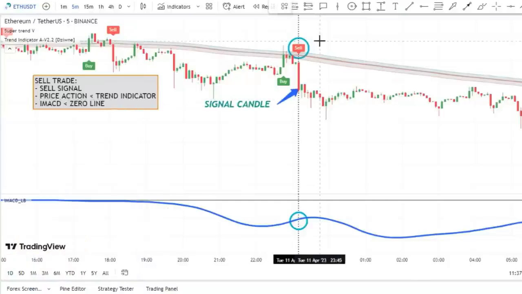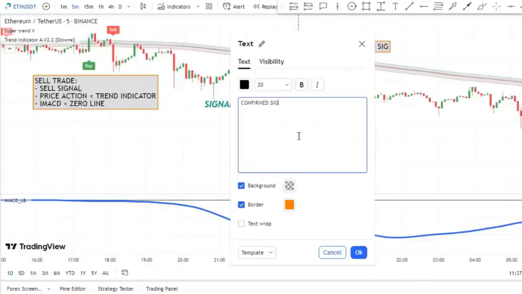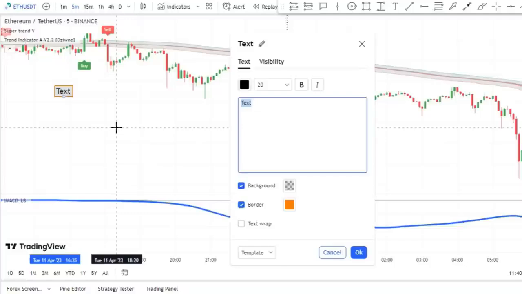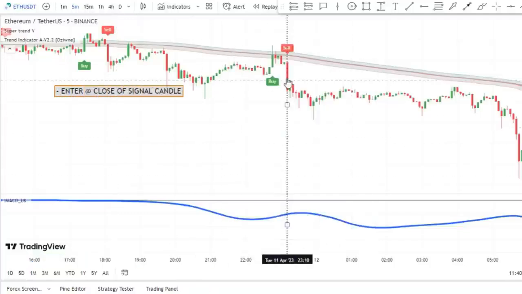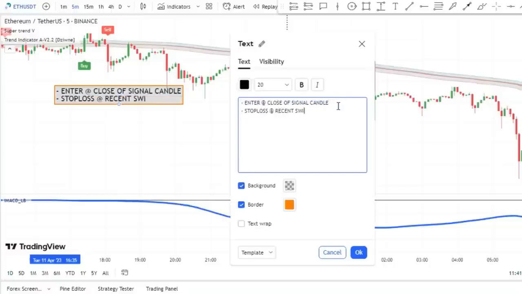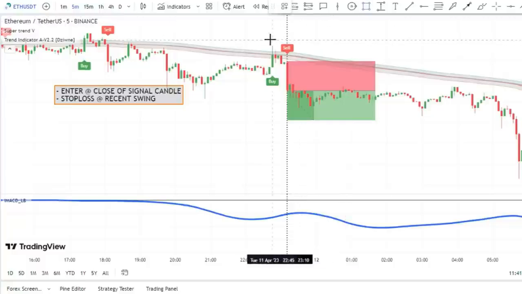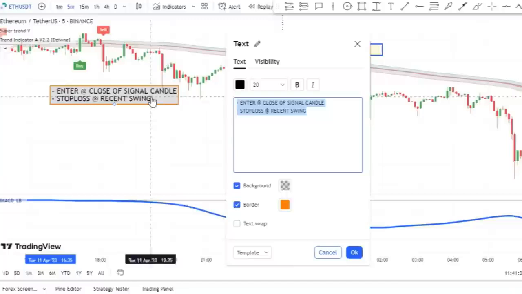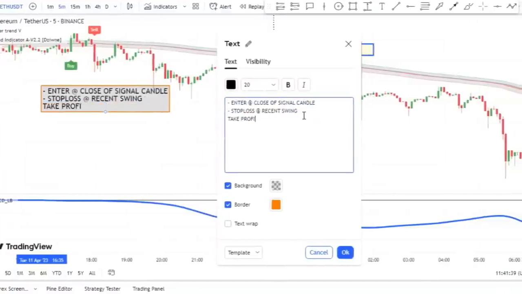So if a sell signal meets all these conditions, it is considered a valid signal. Then we can enter the trade at the closing price of the signal candle. Next, set the stop loss slightly above the last swing high of the market. Then set the take profit at 1.5 times the stop loss.